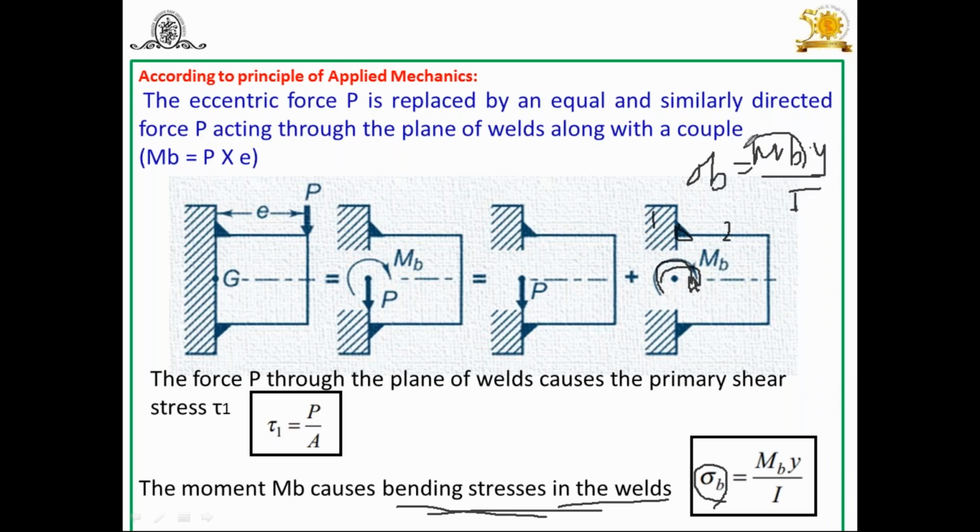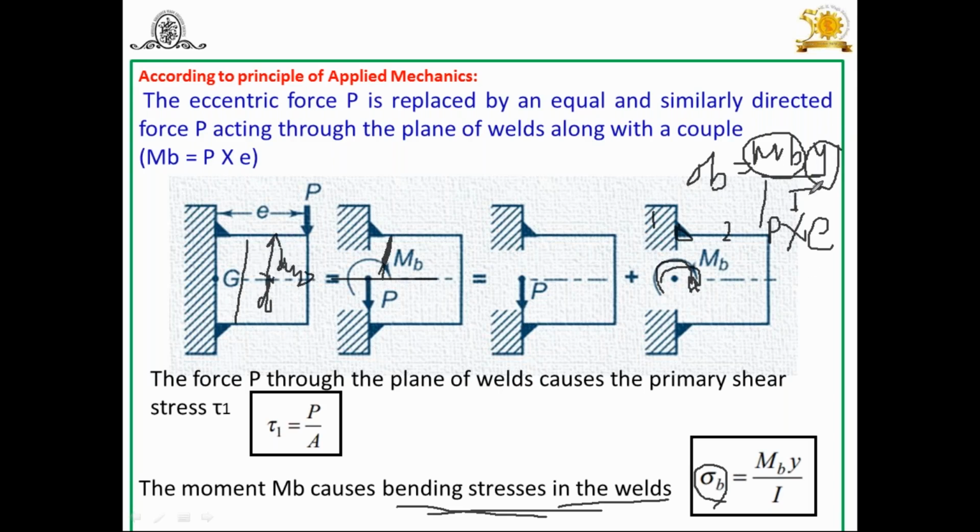MB means moment or a couple. And how to find it? P into E. This is the couple. And what is Y? Y is the distance from the neutral axis. In this case, you have to measure this distance. We have taken this as D, so you will get Y here as D by 2, D by 2 from the neutral axis. So you can put Y is equal to D by 2.